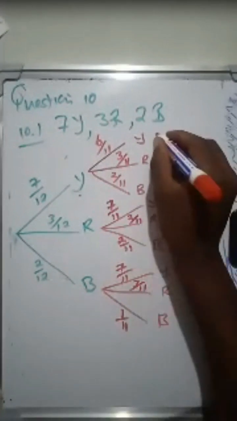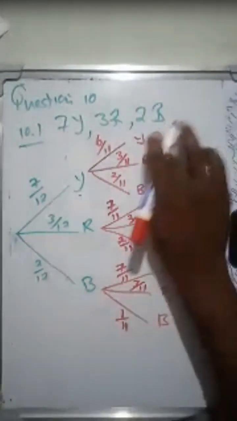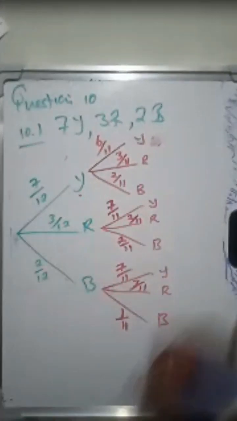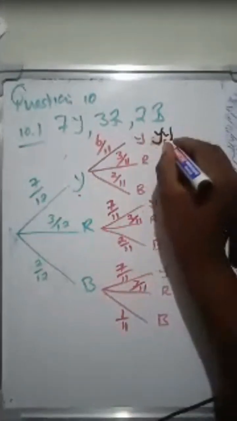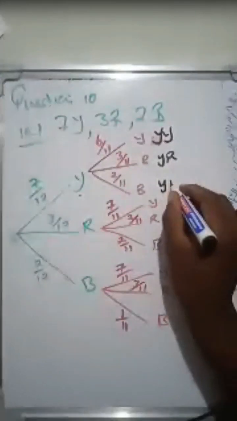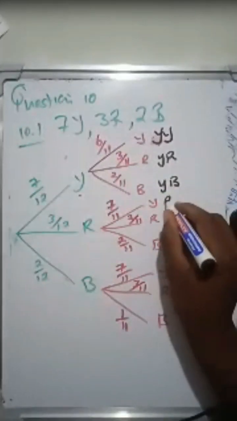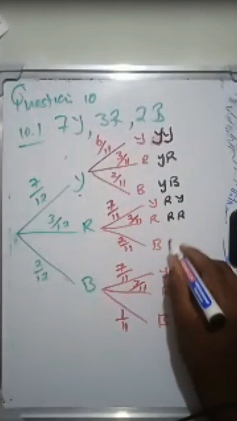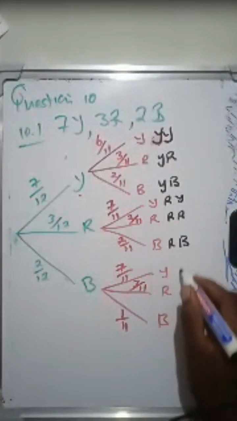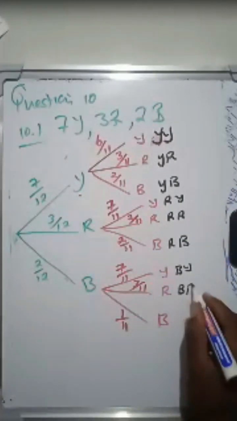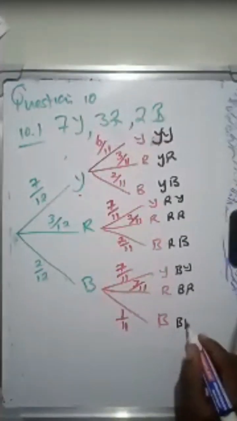Our outcomes are yellow. Let me write it in another color. Our outcomes are yellow yellow, yellow red, yellow blue, red yellow, red red, red blue, blue yellow, blue red, blue blue.